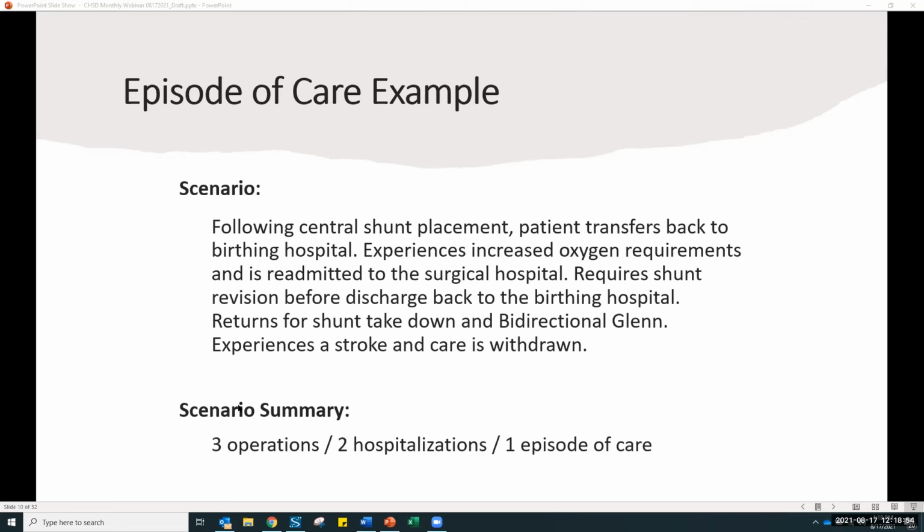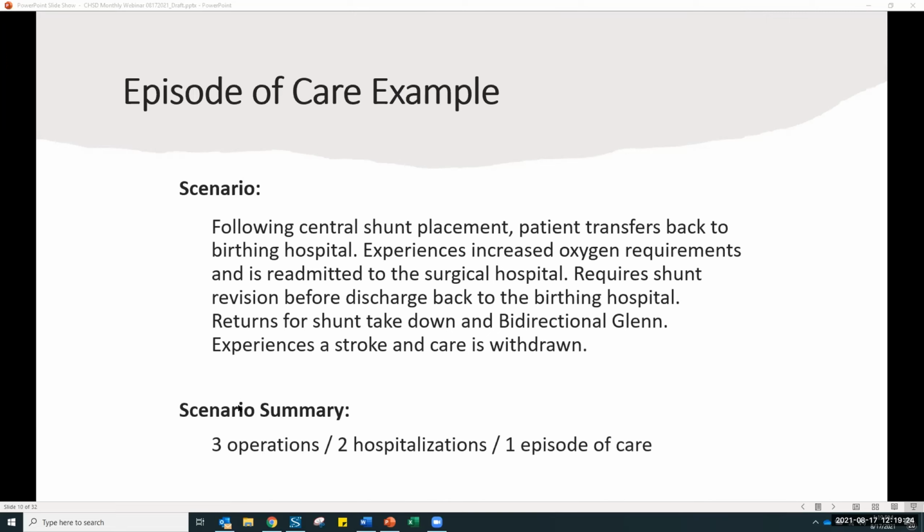So at hospital A, the birthing hospital, where they perform the very first CPB cardiovascular procedure, how are index operations captured at the two hospitals? What would be captured at hospital A and what will be captured at hospital B?